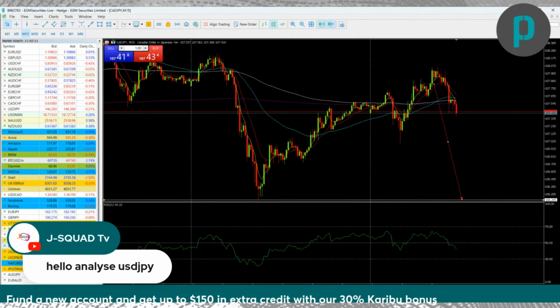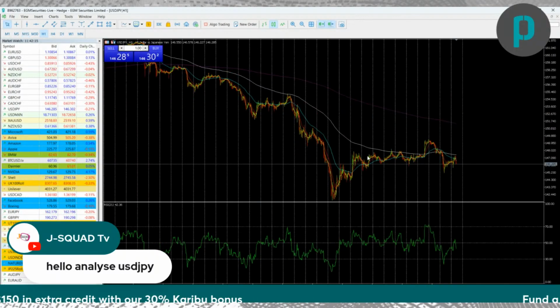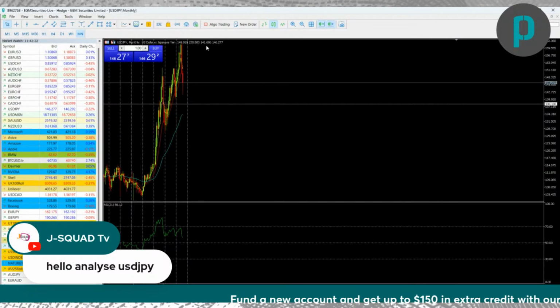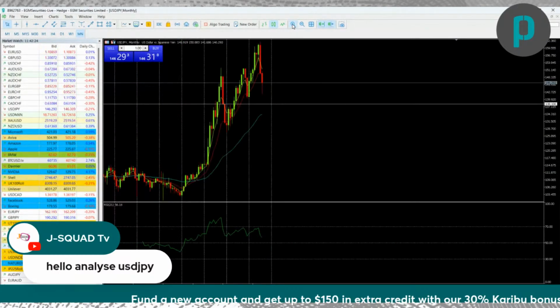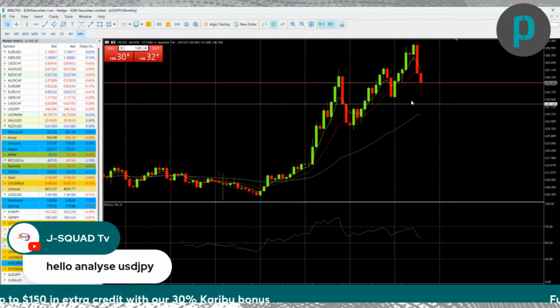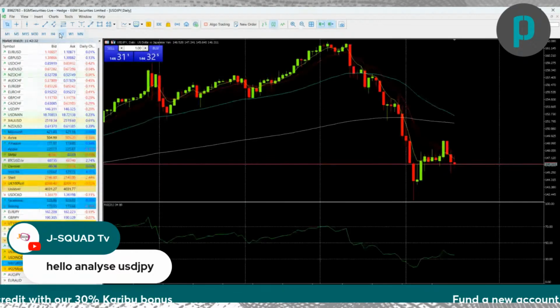Hello, JSquad TV. Hello, analyze USD JPY. So let's look at USD JPY. This is USD JPY. So once again, go to higher time frames to just have an understanding of where this pair is going. So I think on the daily, we had mapped out an area over here. When was this?